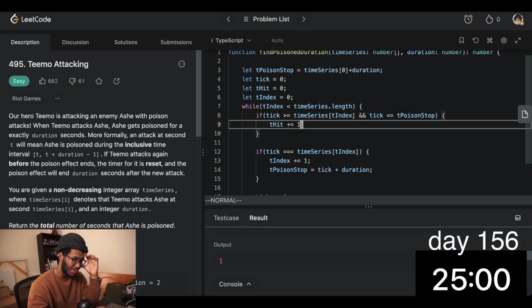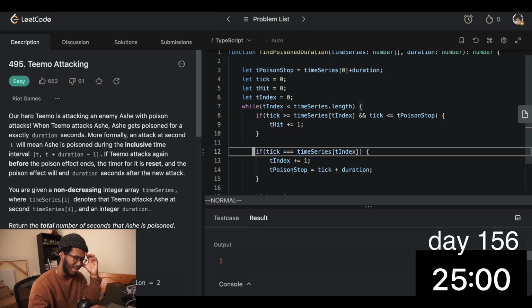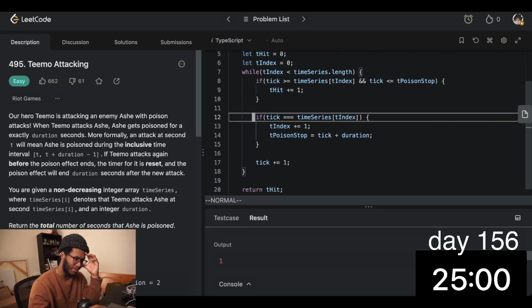That way if the tick starts at 0, we won't count anything going from 0 to 1. And then we'll do tick plus equals 1.